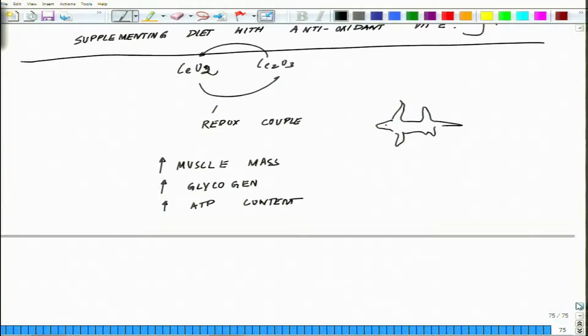And there is an increase in the type 1 fiber ratio. These are the different fiber ratios of the skeletal muscle. Thus resulting in significantly higher muscle endurance.